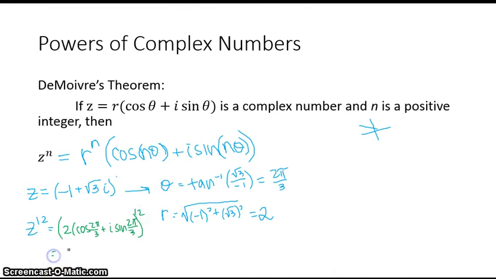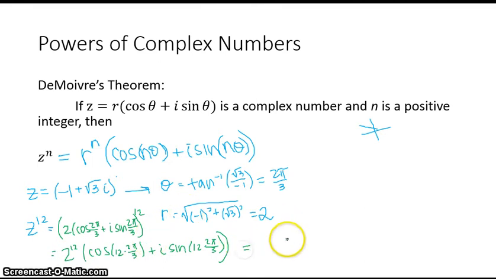So when I do that, I do 2 to the 12th, and then I'm going to do cosine of 12 times 2 pi over 3 plus i sine of 12 times 2 pi over 3. And you don't have to show this step. I was showing it so you could see the setup.